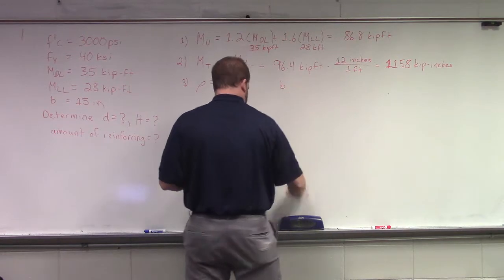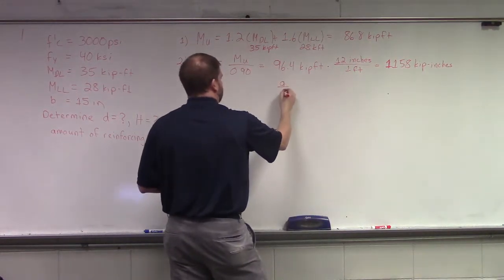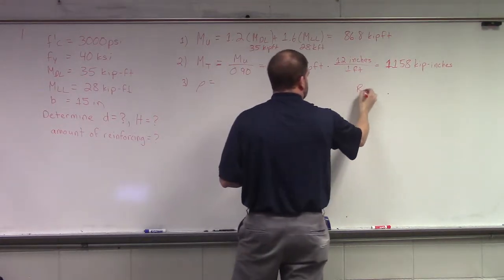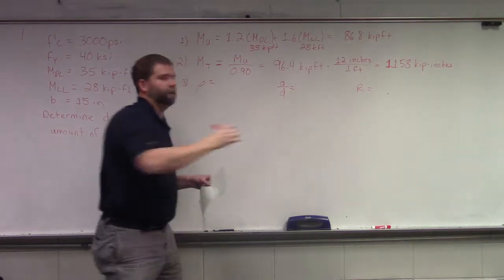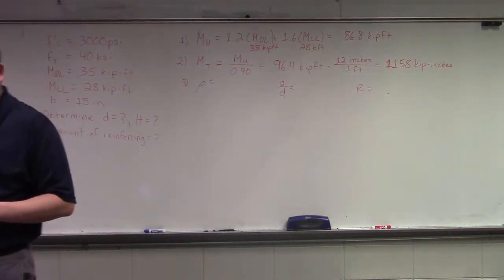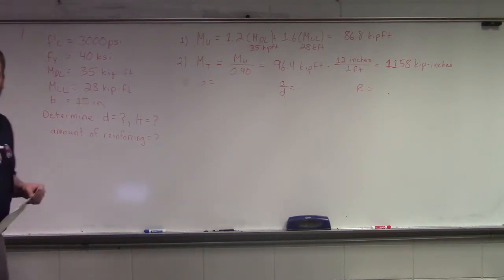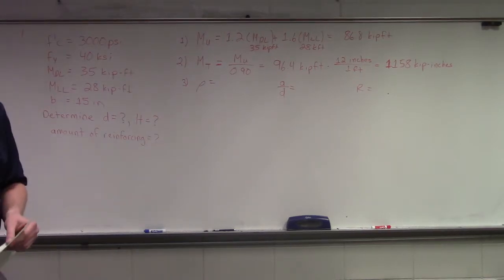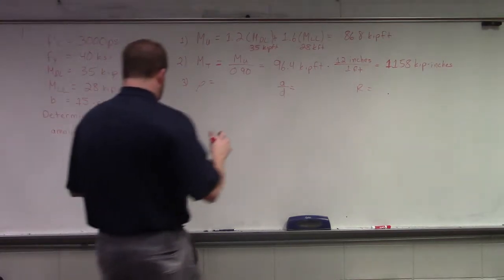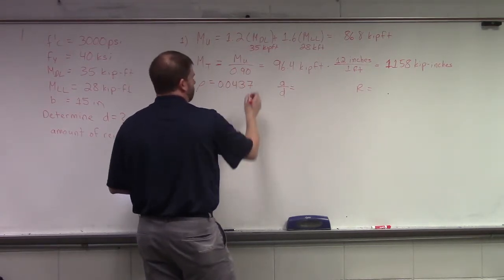So refer to table 13.2. What are our values for rho, a over d, and R for concrete with f prime c of 3,000 and steel of 40 ksi? Rho is .0437.